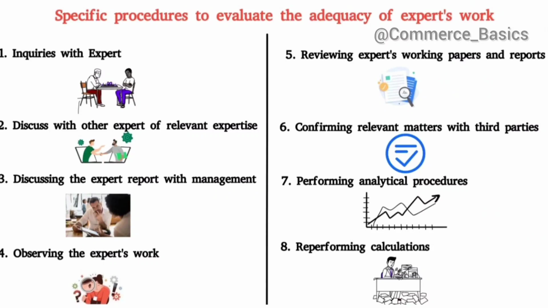And there are some specific procedures to evaluate the adequacy of the work. First is inquiry and discussion directly with the expert. Second is discussion with any other expert having similar knowledge, so that we can understand how to evaluate the expert's work. Third is discussion with management regarding the expert's report. Fourth is observing the expert's work directly while he is doing it. Fifth is reviewing the expert's working papers.